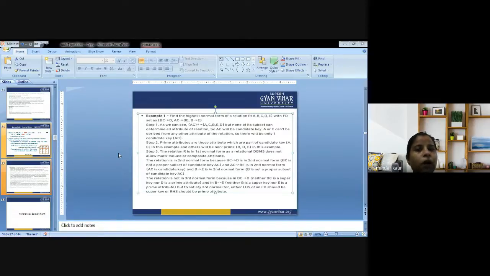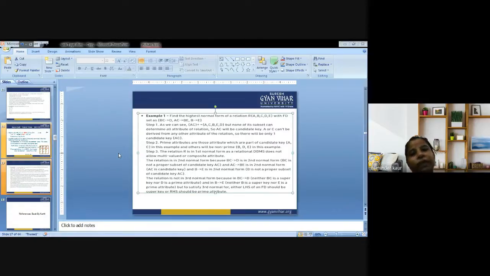BC is not a proper subset of the candidate key AC, and AC is deriving further BE. So it is in the second normal form. AC is a candidate key and B is deriving E, that is in the second normal form, and B is not a proper subset of a candidate key AC.